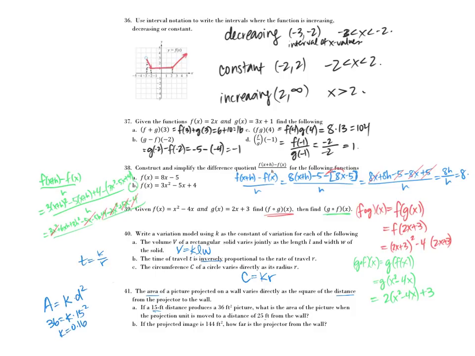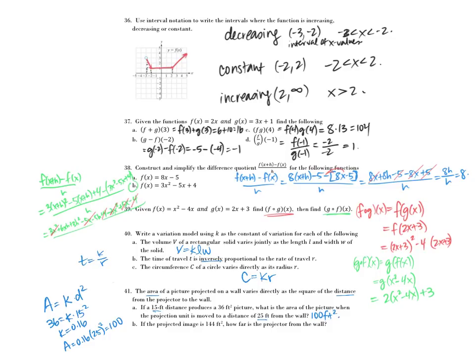Okay, and so then it says, what is the area of a picture when the projection unit is moved 25 feet from the wall? So we expect it to be bigger. So A equals 0.16 times 25 squared. So that's 100. So 100 square feet.